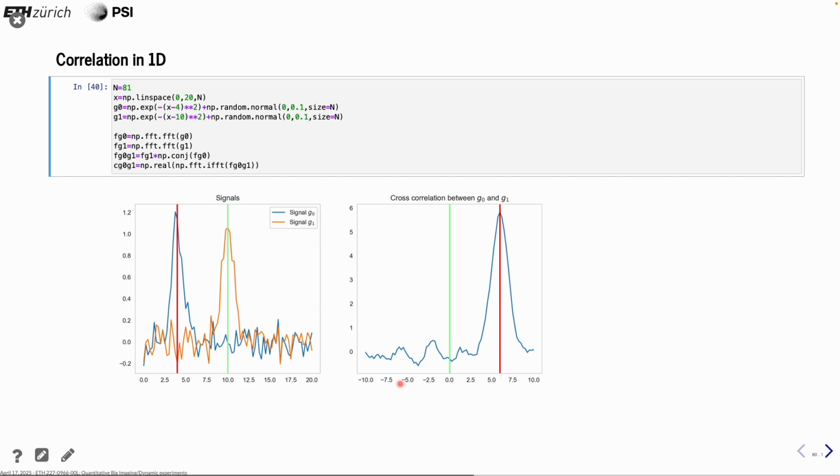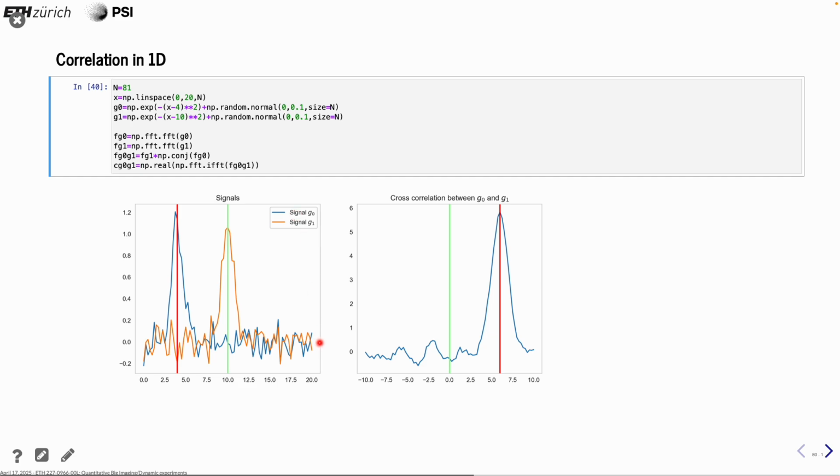Looking in 1D is easiest. Then you can see we have two signals, where we have a center point, and we have one which has glided away a bit. Here is the code to do it. I had two Gaussian peaks with some random noise on top of it. Then I do the Fourier transform of the two, compute the multiplication, and do the inverse transform back again.